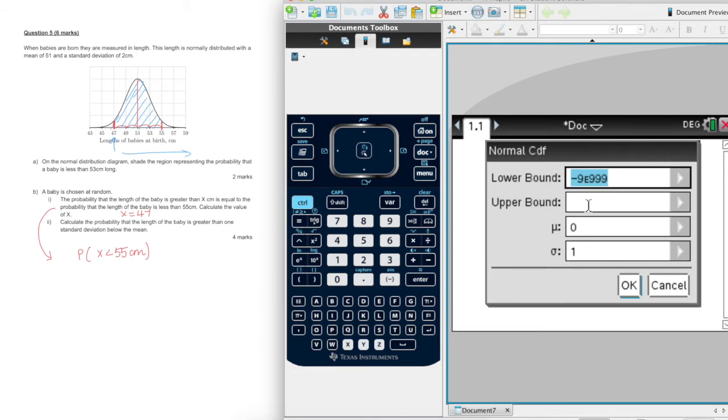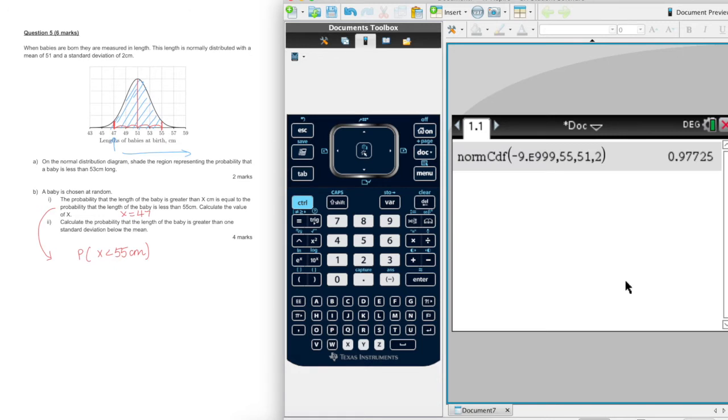So the lower bound is negative infinity. The upper bound is 55. The mean is 51, and the standard deviation is 2. So the probability is 97.7%. And then we can say what gives me an area here of 97.7%.